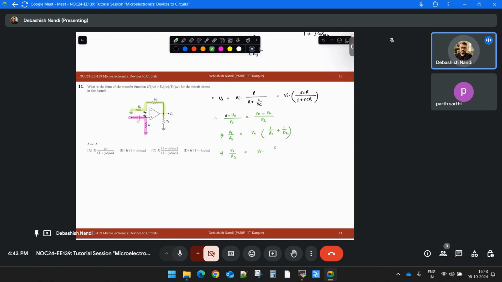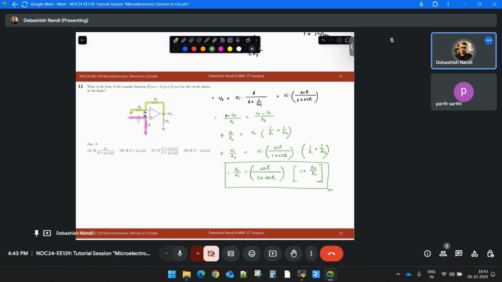Your V in times SCR divided by 1 plus SCR times 1 over R1 plus 1 over R2. So your V out by Vi will be SCR divided by 1 plus SCR times, if you multiply R2, it will be 1 plus R2 by R1 times this.